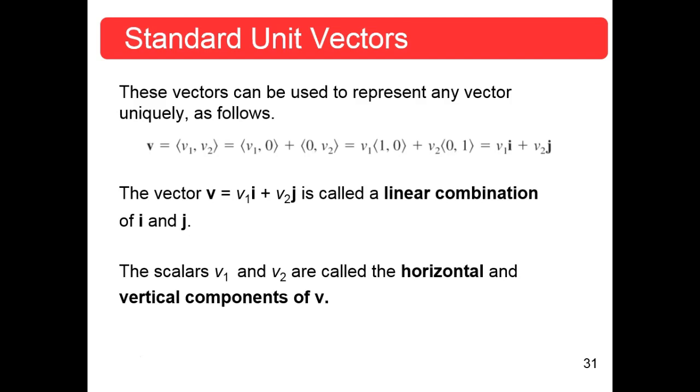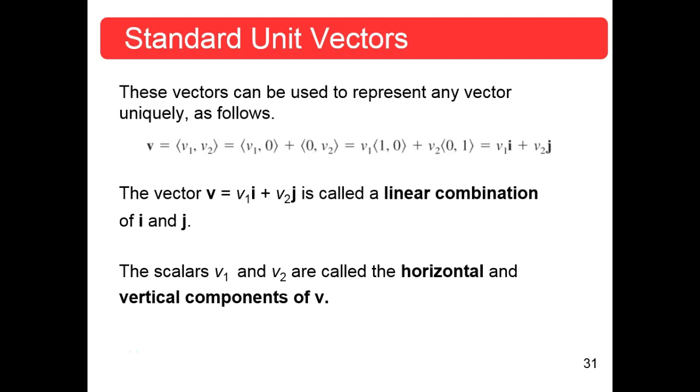The scalars v1 and v2, when they're written not bolded, are called the horizontal and vertical components of v, which is exactly what we called them there too. The v1 is the component in the x direction, v2 the component in the y direction. So horizontal and vertical components.